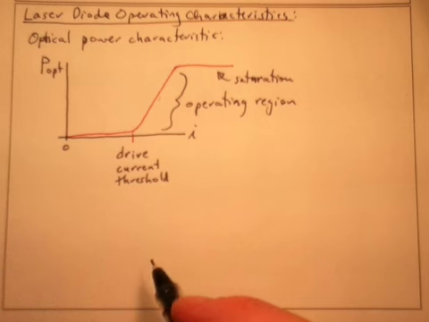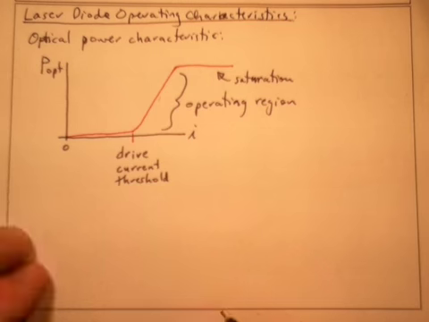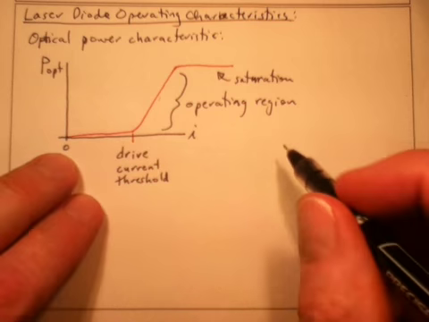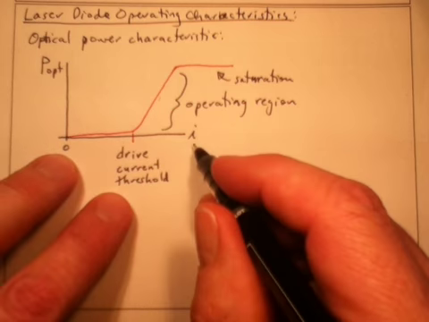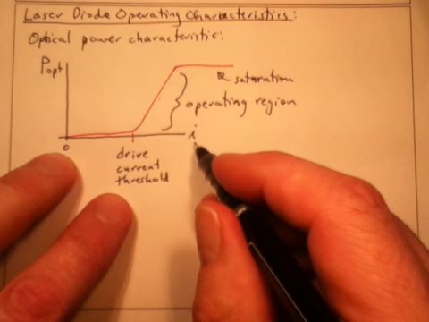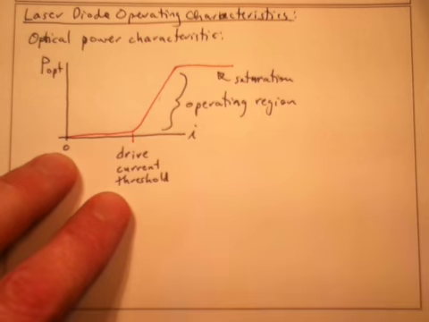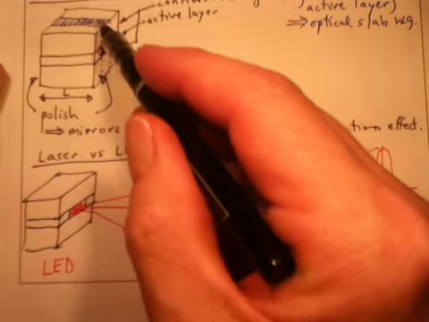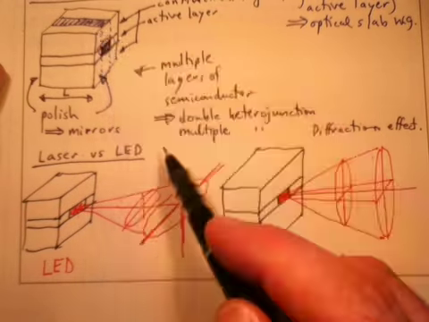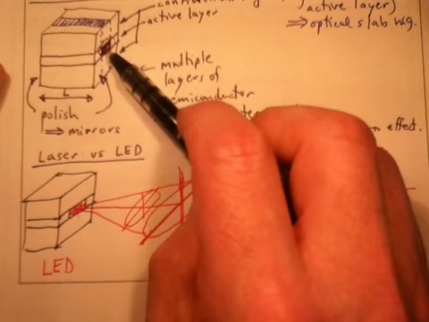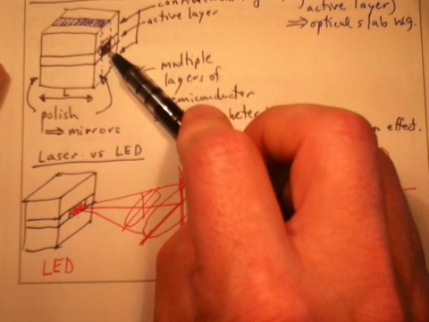The other thing to know about the optical power characteristic is that this drive current is induced by a voltage that we put across. I drew the electrodes. We're going to put electrodes across this multiple heterojunction structure, and we're going to get a voltage across here, and that's going to induce a current, that drive current.